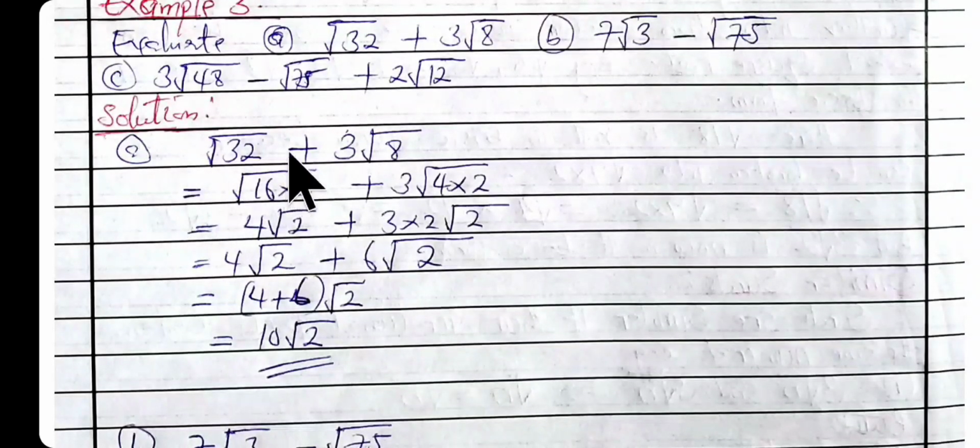So root of 32 plus 3 root 8 is equal to, by the time you split this, 32 is the same thing as 16 times 2. 16 times 2 will give you 32. That is why we split it here. Plus 3 root, you can split 8 too. 4 times 2 will give you 8.